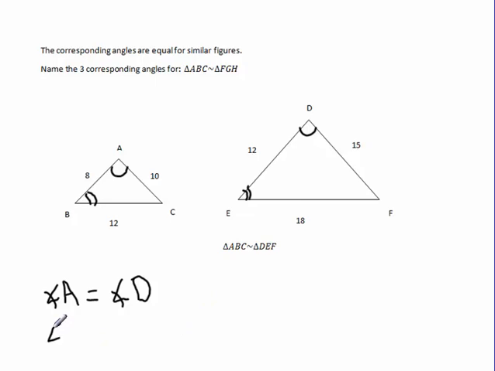The measure of angle B is equal to the measure of angle E, and the measure of angle C is equal to the measure of angle F. Let me write that a little bit neater. The measure of angle F. There we go.